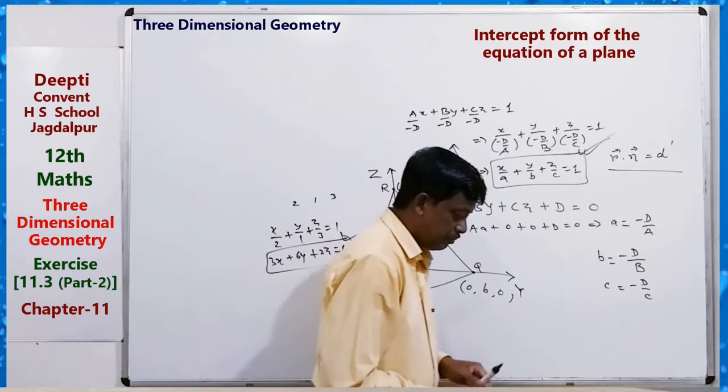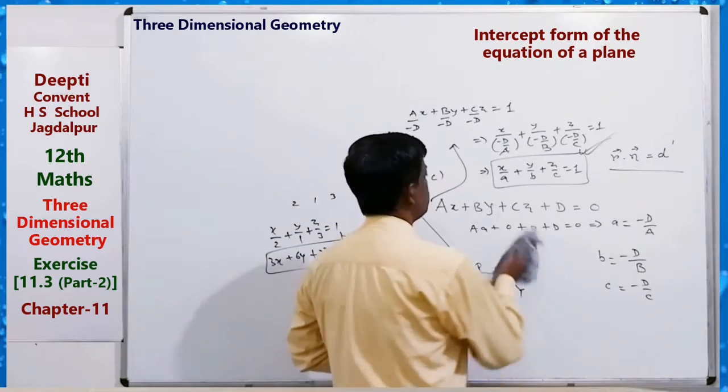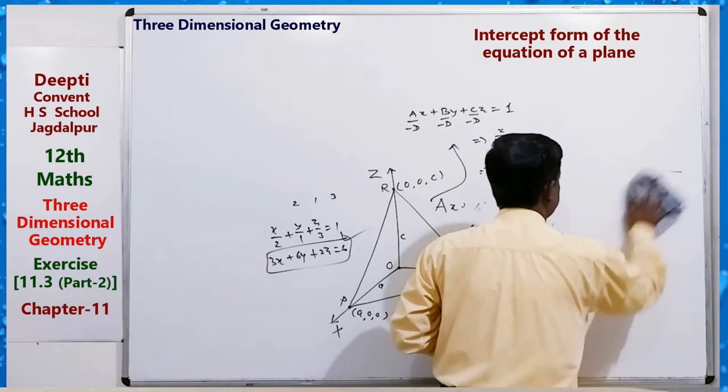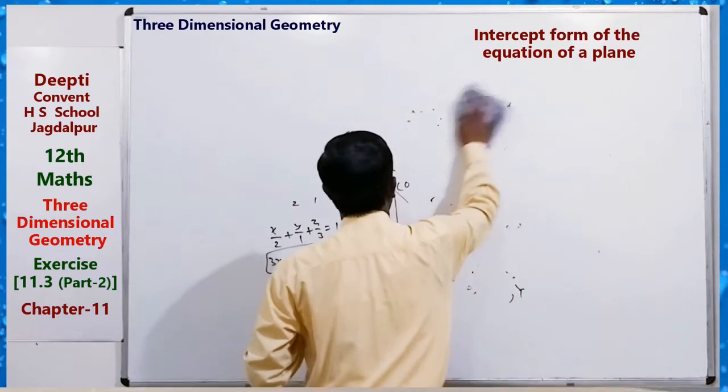Now, the plane passing through the intersection of two given planes. Suppose we are given two planes, either in vector form or in Cartesian form.